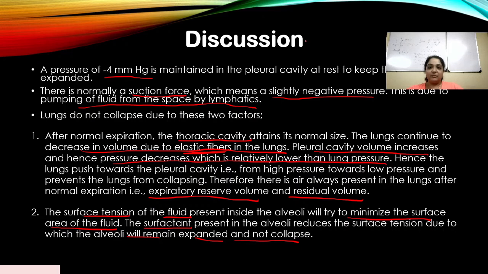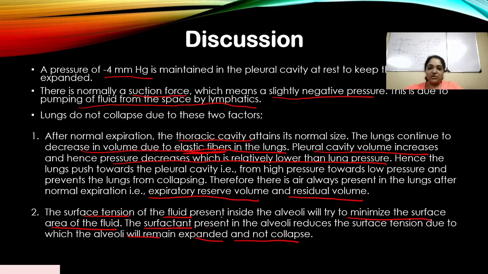So when the baby is out, the baby is not able to breathe. That is why it is very important for the surfactant to be present in the alveoli. I'm sure when you have studied the structure of the alveoli, there are type 1 and type 2 cells. Type 2 cells secrete the surfactant, and this is why the surfactant is important.